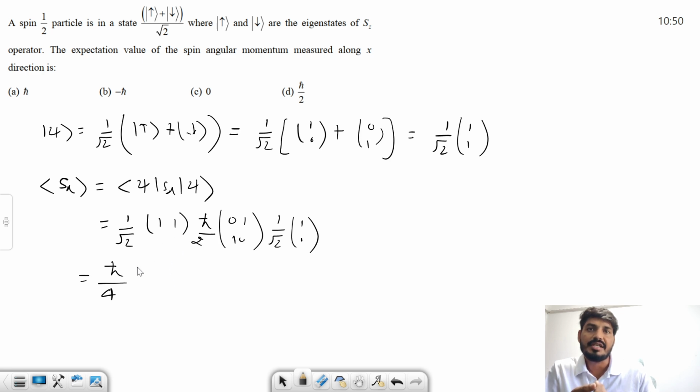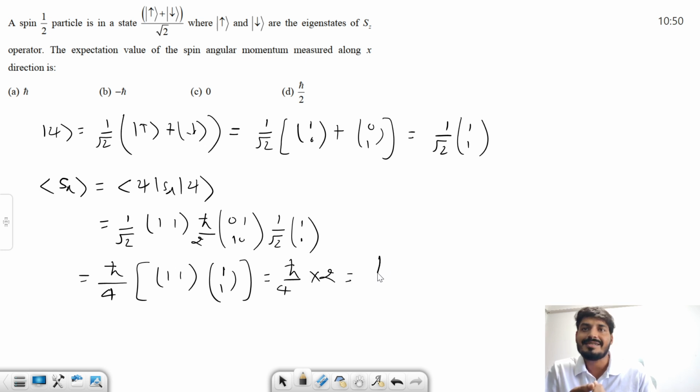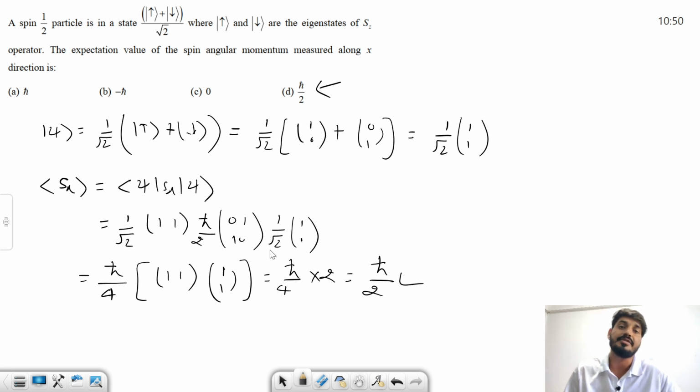When you do this, this 1 1 as it is, this is 0, this is 1, and this is also 1. So this is h cut by 4, and you do this, this is simply 2, so this is h cut by 2. So the best answer is this one, h cut by 2.